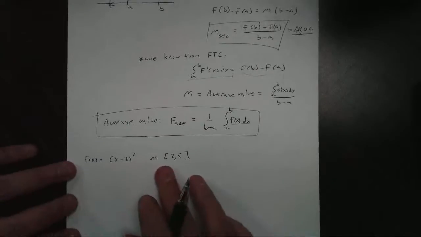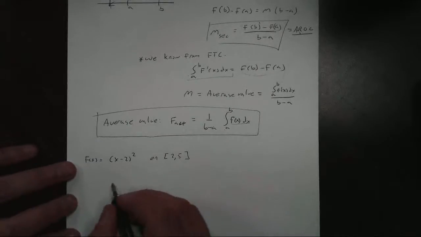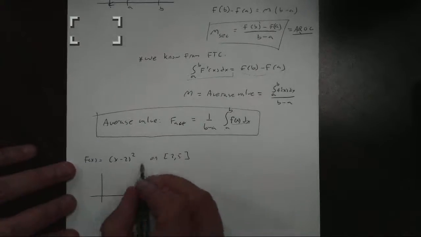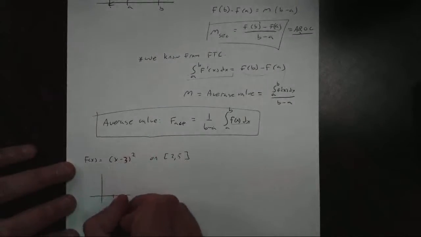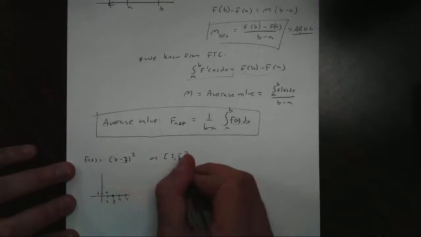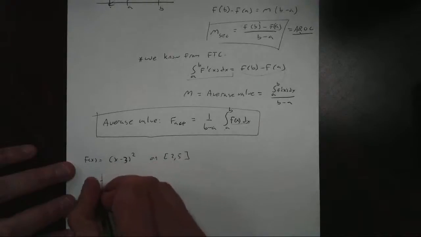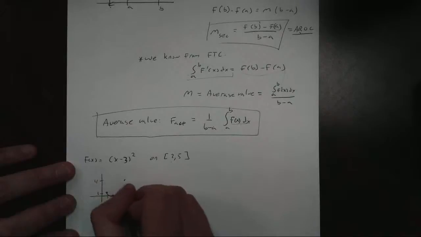And I want to find the average value. Now, if I were to graph this function from 2 to 5, let's do x minus 3. If I graph it, very easy to do. If I plug in the 2, we're going to get 1. And if I plug in the 5, we're going to get 4.